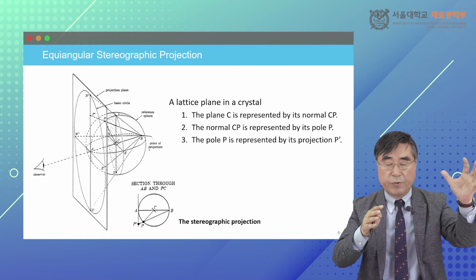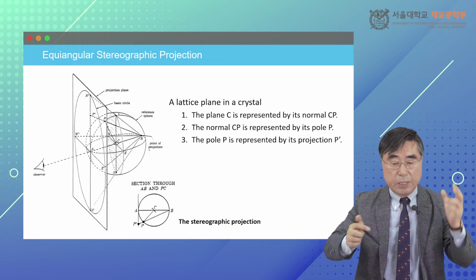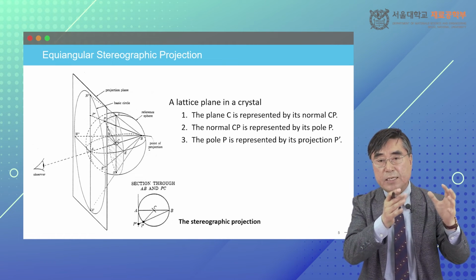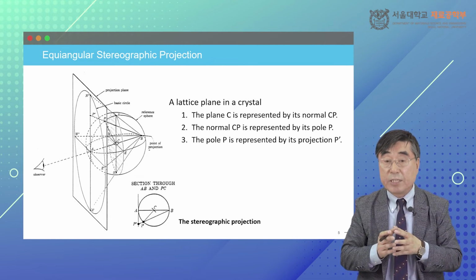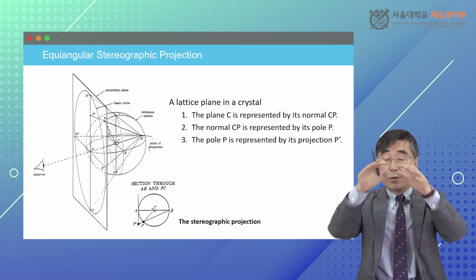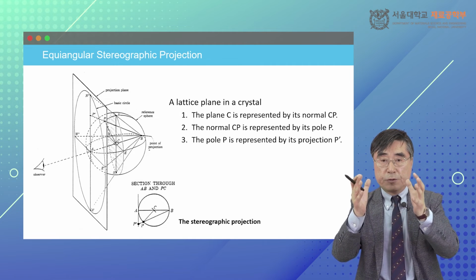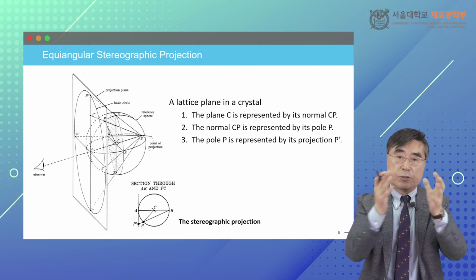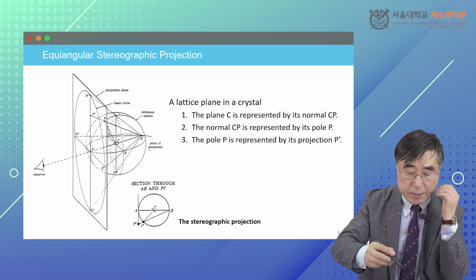This is basically stereographic projection. So far I explained stereograms, which are in three-dimensional space, on the surface of the sphere. Now we try to move this information to the two-dimensional plane. So what we do is this.